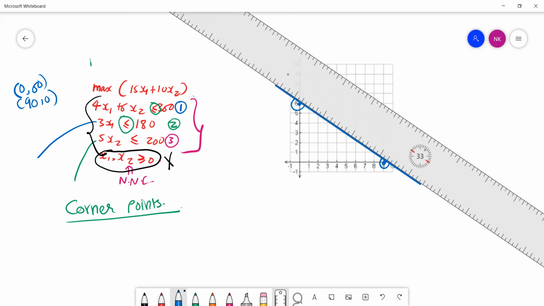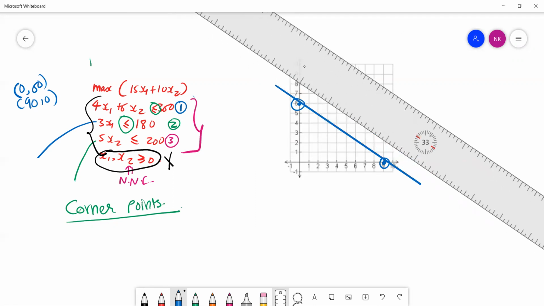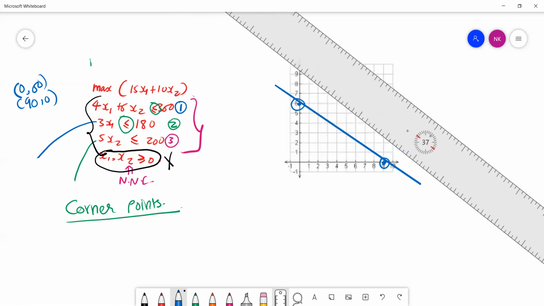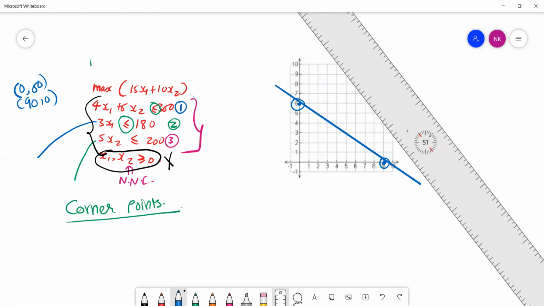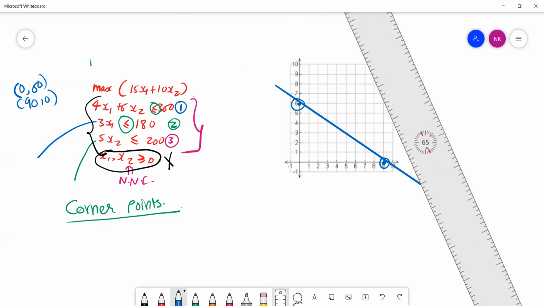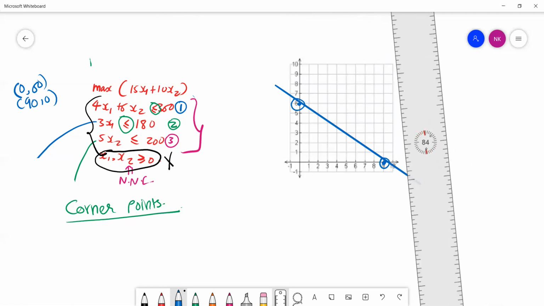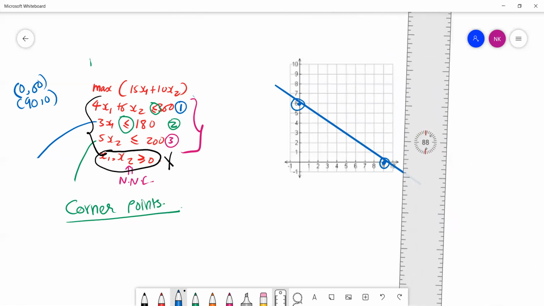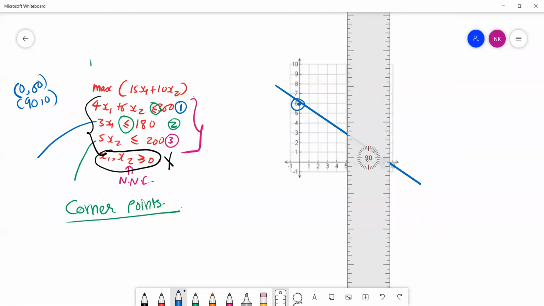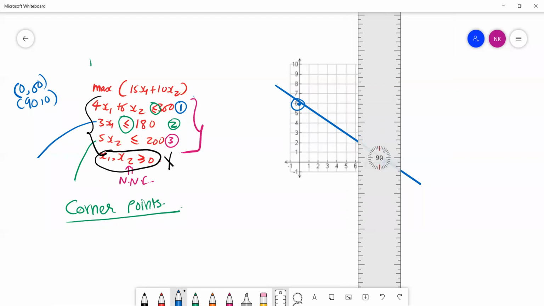So this is the first constraint. The second constraint is x1 equals 60. Let me convert to the vertical scale. x1 equal to 60.